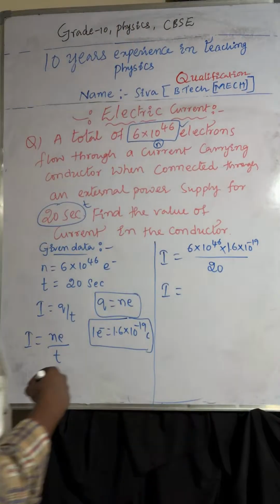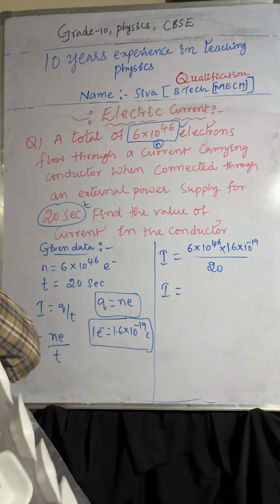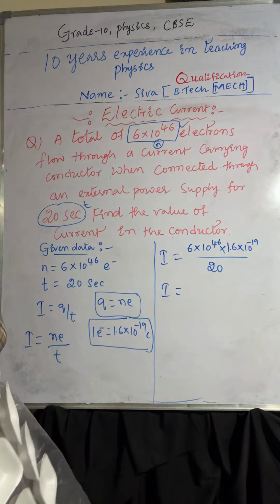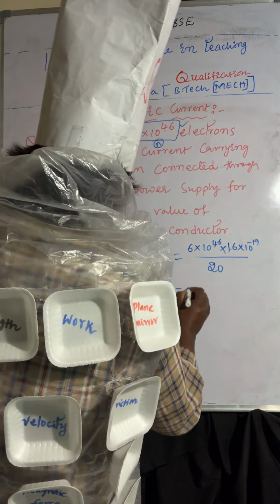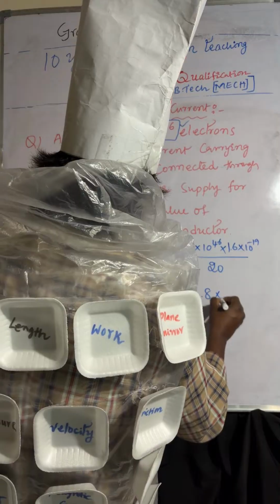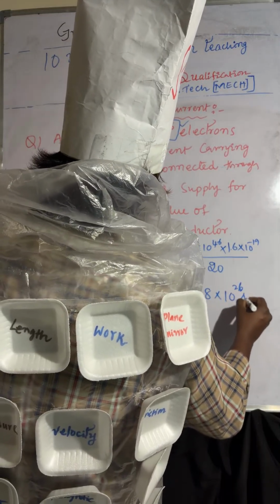So first identify the current, how much? So the answer is, I got this value. Let me know if it is correct or not. 4.8 into 10 power 26 ampere.